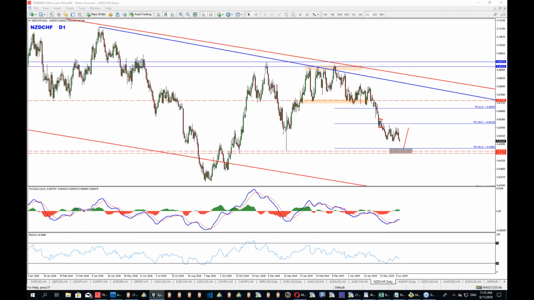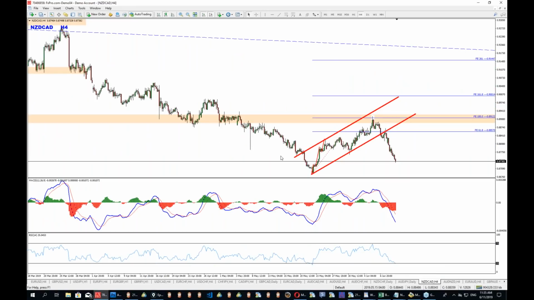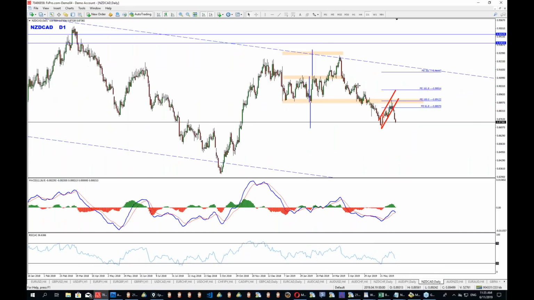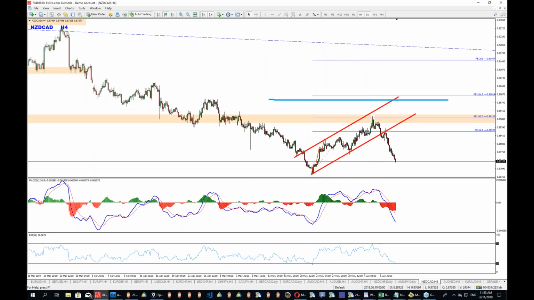Kiwi CAD, pretty much same story. Okay, we're looking for sales, hidden divergence, bottom of the range, continuation lower with the 4-hour chart, and so on and so forth.